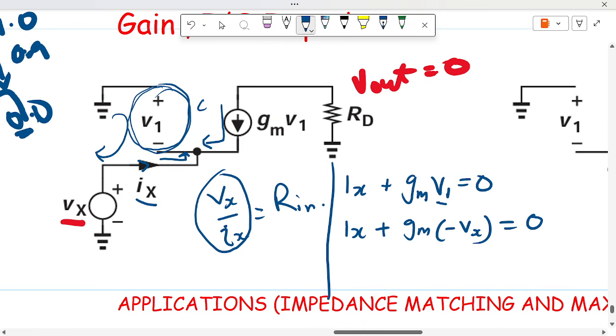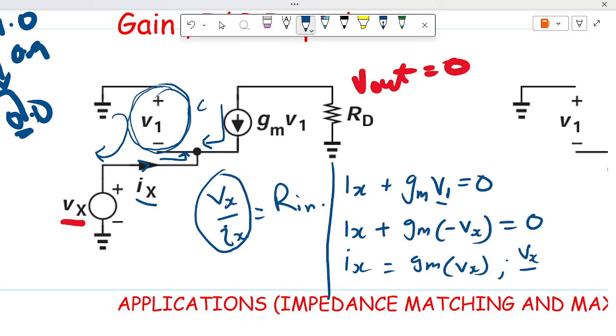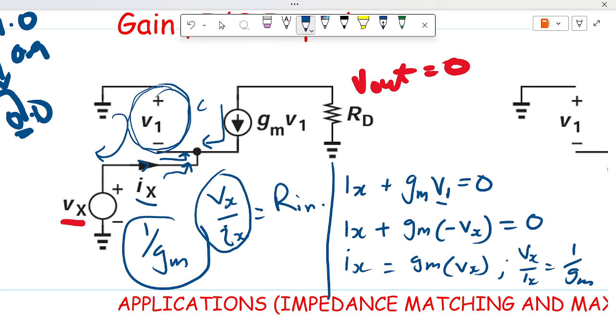Then I move Gm Vx to this side. So all I need to do now is to find Vx over Ix, which should be equal to 1 over Gm. That tells us that the impedance seen at the source, which is the input impedance, is 1 over Gm, which has been proved using the small signal analysis.